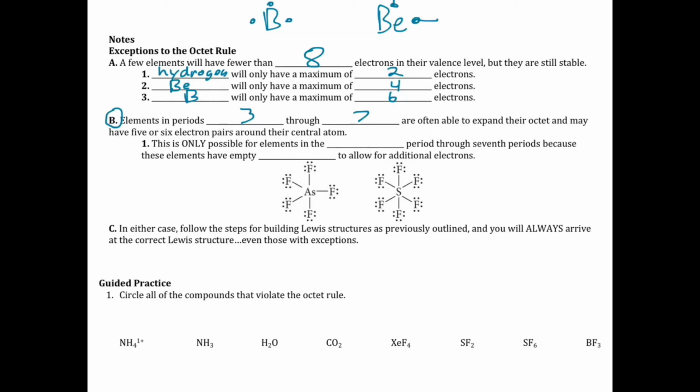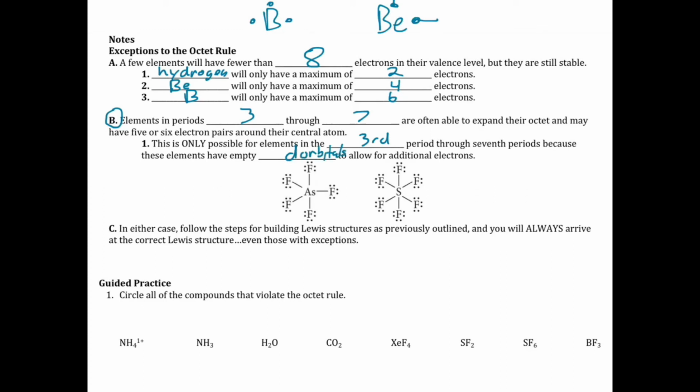And what that means is they can have more than 8 valence electrons. They can have up to 5 or 6 pairs of electrons, which if they had 6 pairs, for example, this one has 6 pairs, it is going to have 12 electrons. That's a lot. All right, now this is only possible for elements in the 3rd period through 7th because they have empty d orbitals.